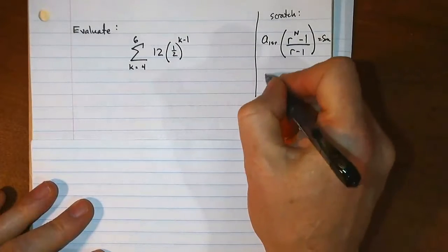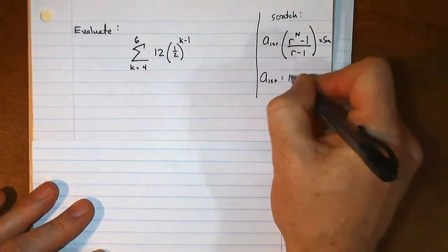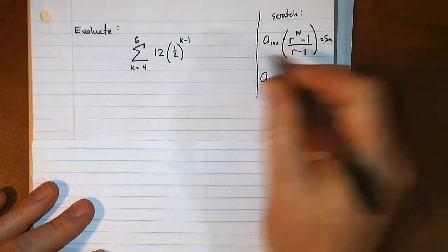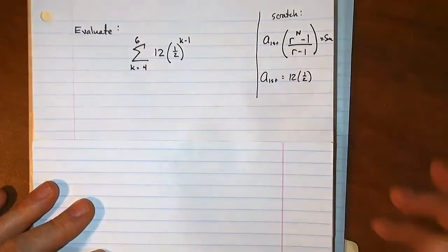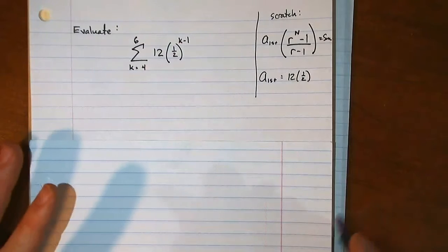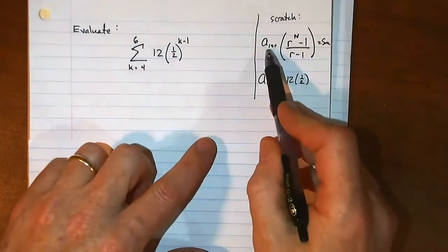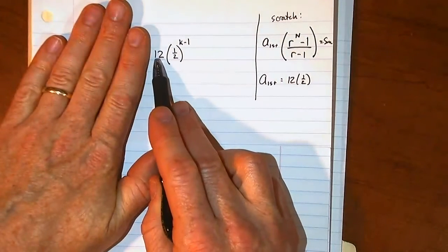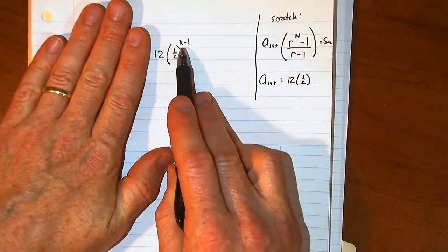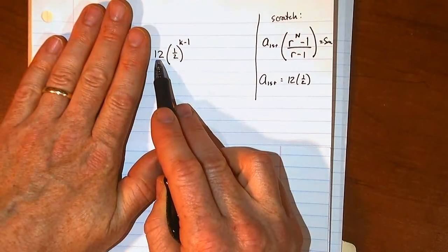And to find the first term, remember, I'm going to take my formula here, and where k is, I'm going to plug my first number in. Now, I want to just make sure that we're clear on this because we've done this now for a couple of videos. First term is different than term number 1. This is term number 1. If I were to plug a 1 in for k, the answer I would get is 12.